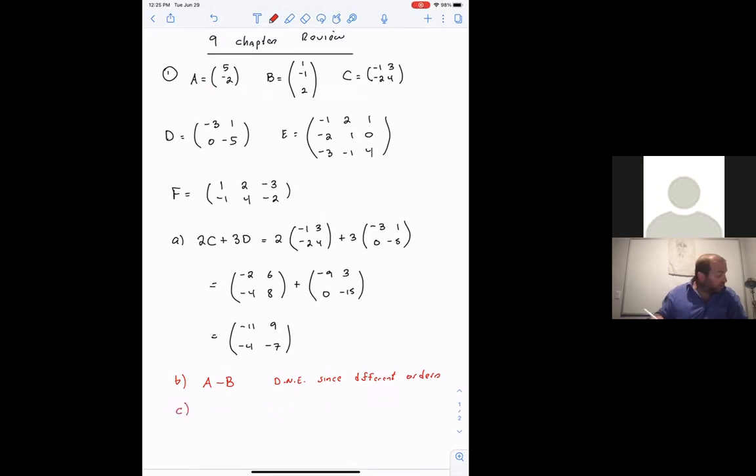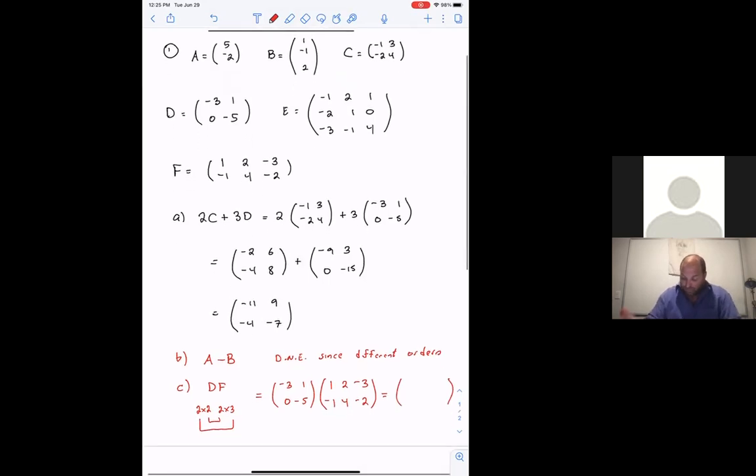Part C is DF. So D is 2 by 2. F is 2 by 3. So I am allowed to multiply them. -3, 1, 0, -5 times 1, 2, -3, -1, 4, -2. And when you multiply a 2 by 2 by a 2 by 3, you end up with a 2 by 3.